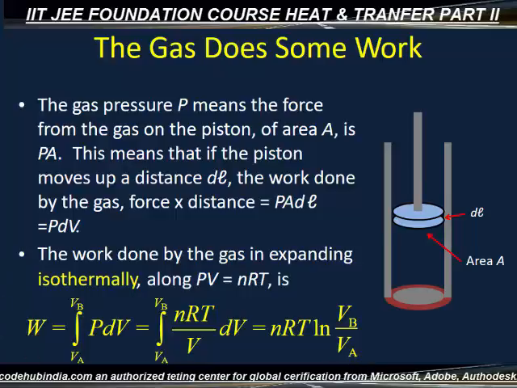And P dV, we know P equals nRT divided by V. We will solve this integration, and it becomes the log of VB by VA. Log and integration you will learn after a few days.